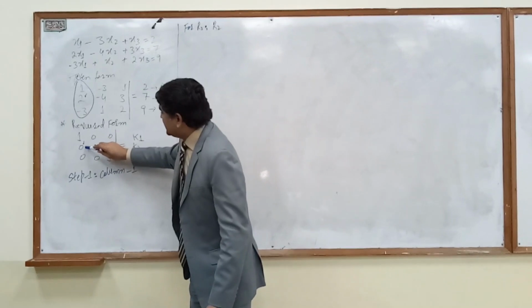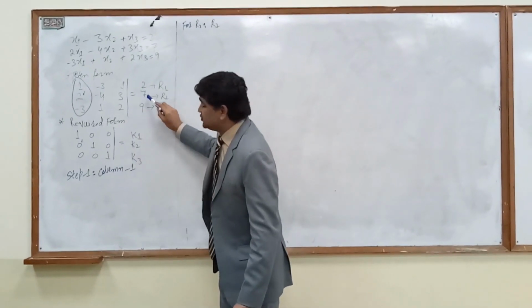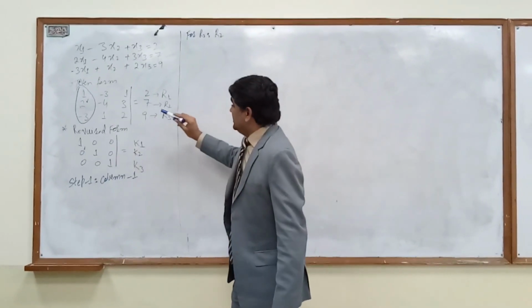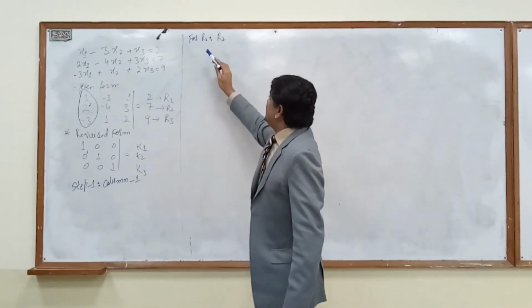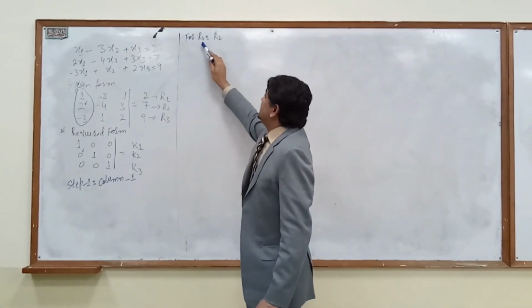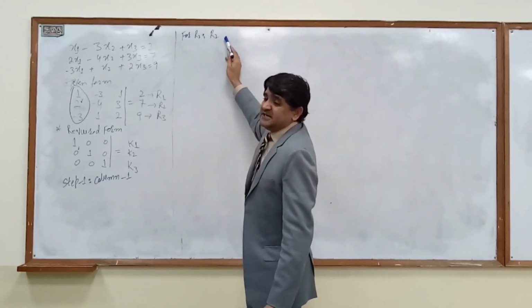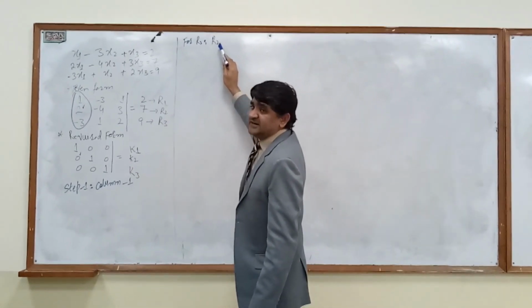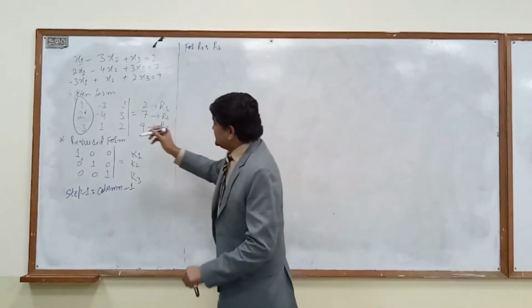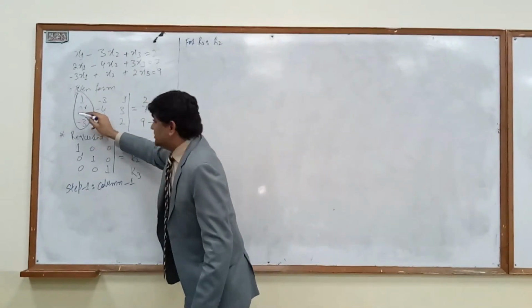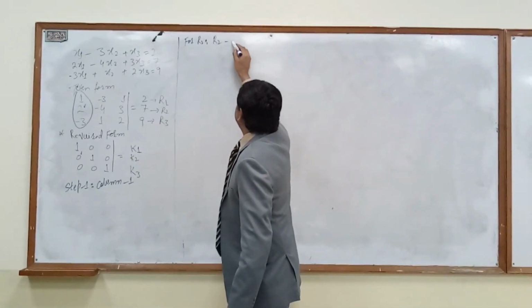So we require 0 here, but given is 2. Obviously we are going to operate on R2, as we discussed in our previous class. For R2 we will add or subtract. The sign here will be negative.